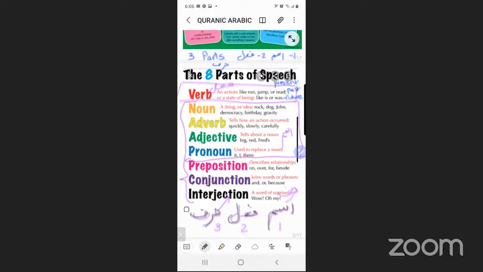For example, if we can see over here, on, over, for, besides, and, or, because, well, oh, all these don't have a meaning by themselves unless they're added with another word. Okay, so we're going to go into the next page.